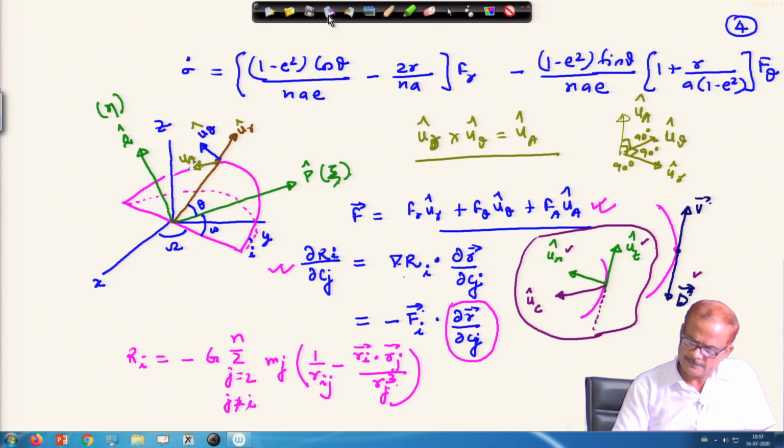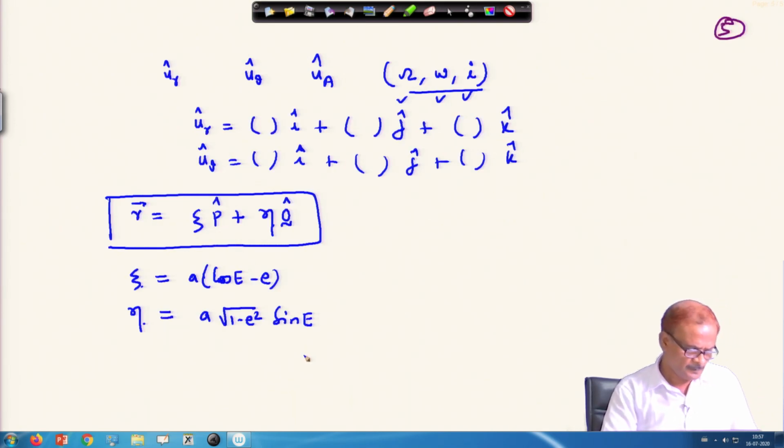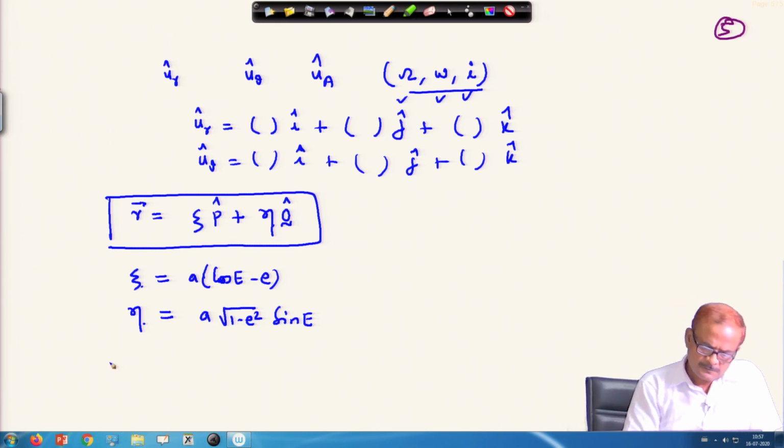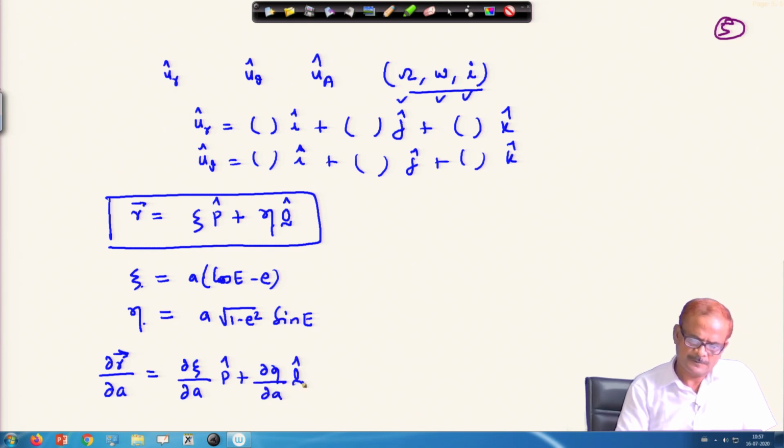And what we require is this quantity dou r by dou C j. So, therefore, the first example we took of it was dou r by dou a, and from this place then we wrote it this way, q cap, and thereafter we evaluated this term.